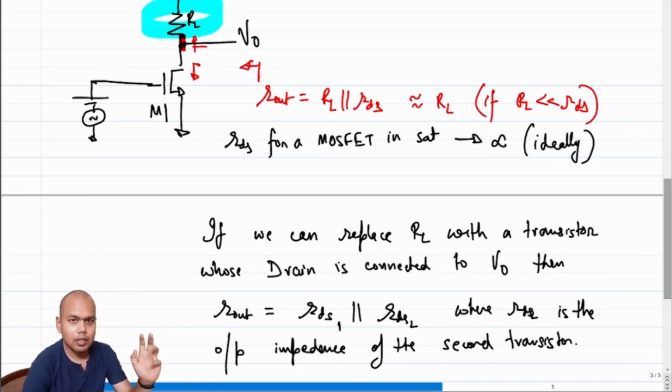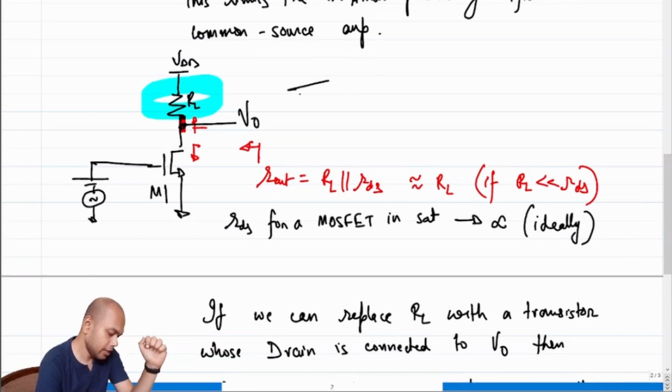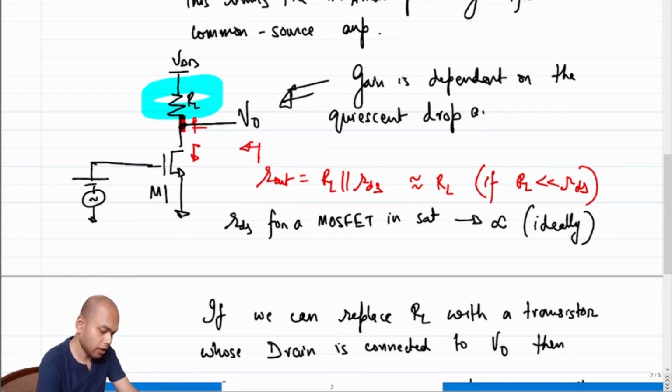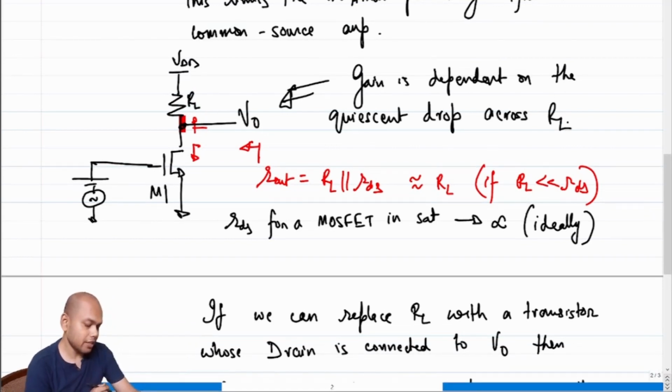So in this architecture, the gain is dependent on the quiescent drop across RL, because the moment we increase RL to get higher gain, naturally the drop across RL increases.